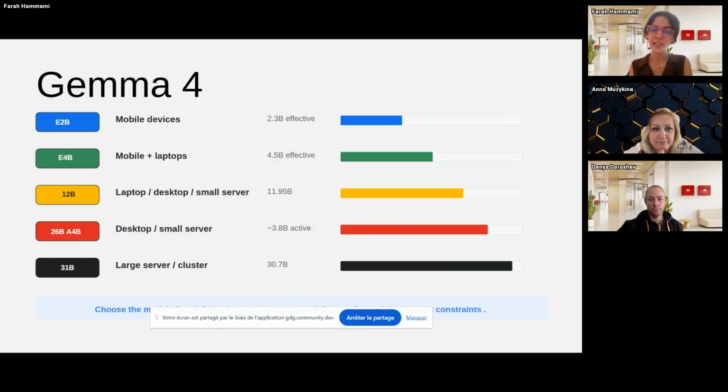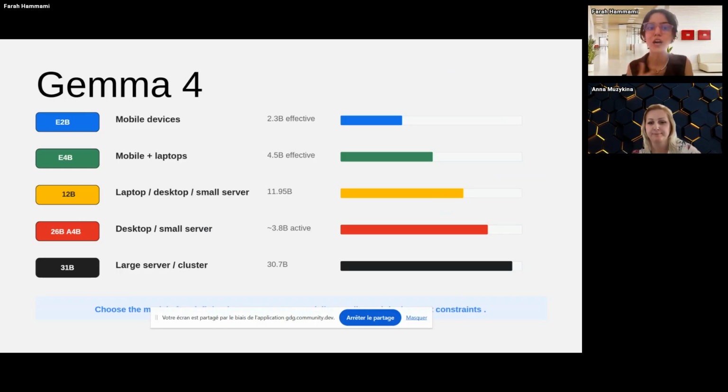And here are examples of Gemma 4 models that we can use according to the size they have and according to our application. For example, for mobile devices, we are highly advised to use Gemma 4 E2B. We're going to be working on E2B as well in the Colab because it's quite lightweight.